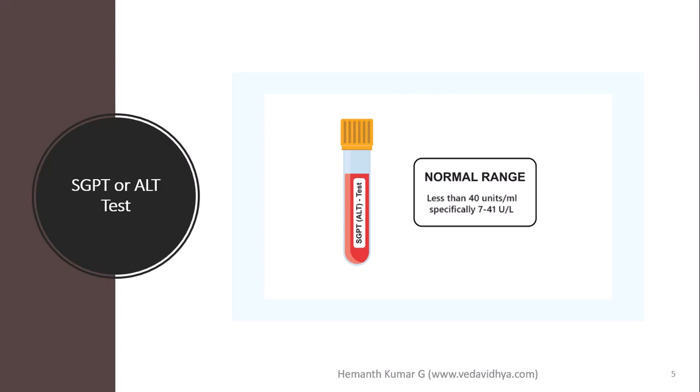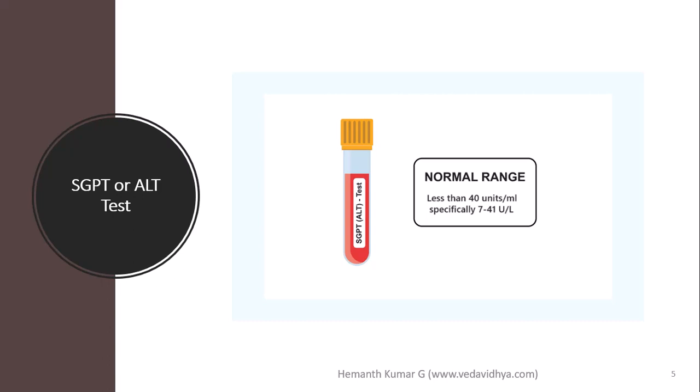It's important to understand that while an elevated ALT level suggests liver damage, it doesn't specifically pinpoint the cause. It acts as a red flag indicating that further investigation is needed to determine the exact nature of the liver problem.